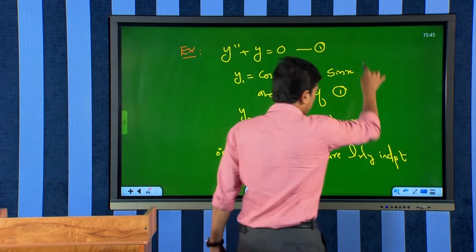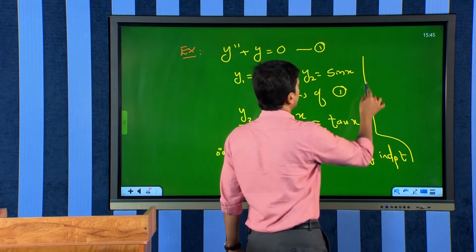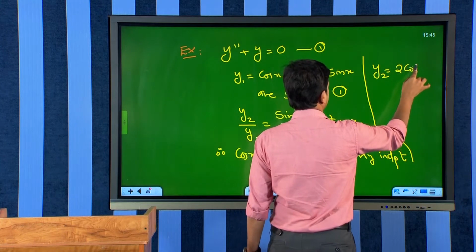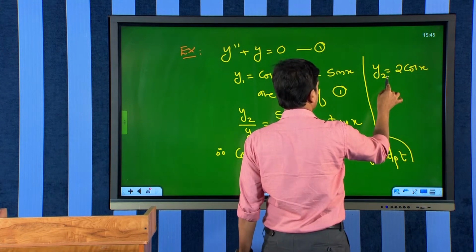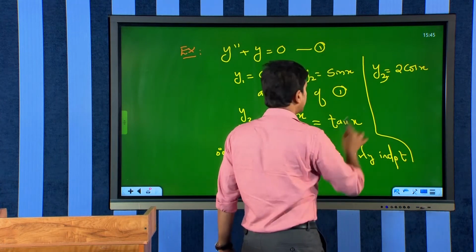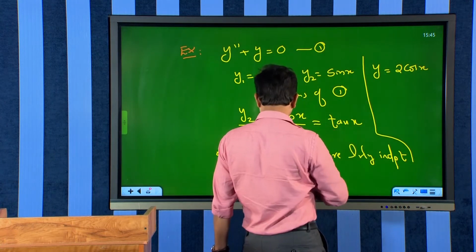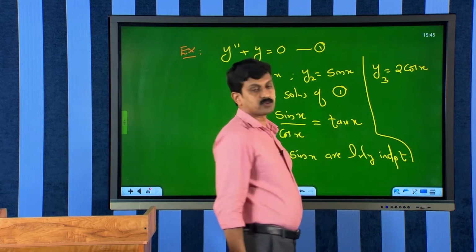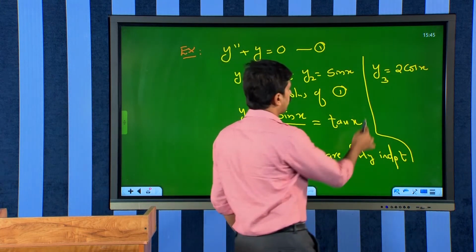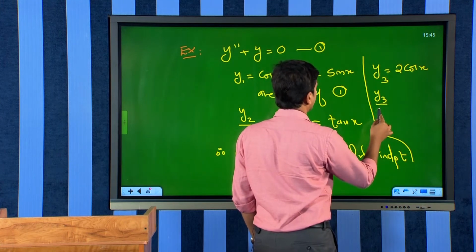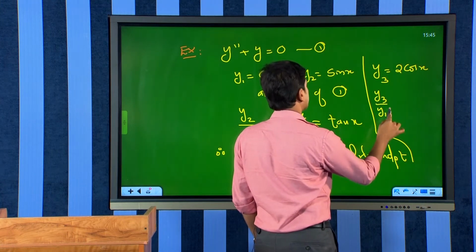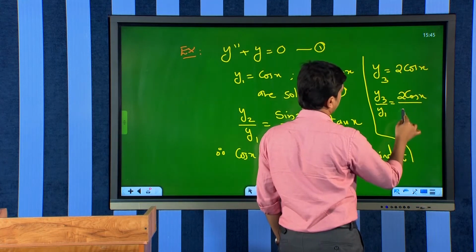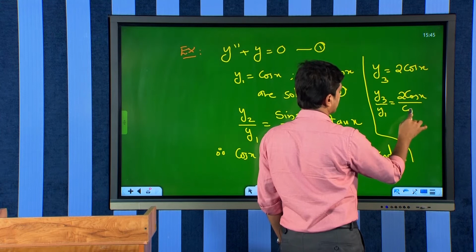I would like to put one more function, y3 is equal to 2 cos x. See, y3 divided by y1 is equal to 2 cos x divided by cos x.